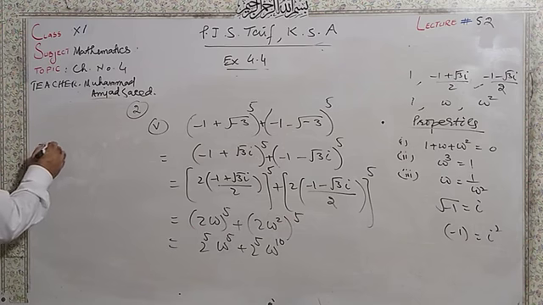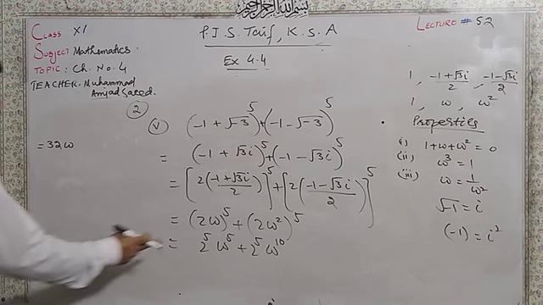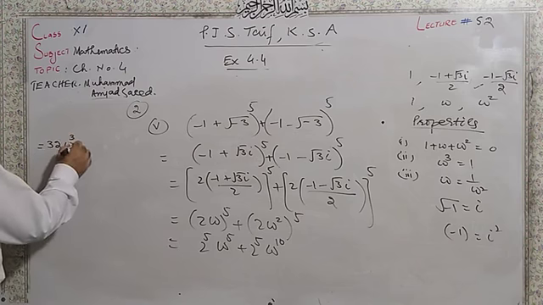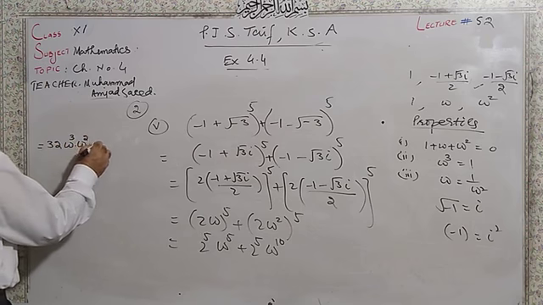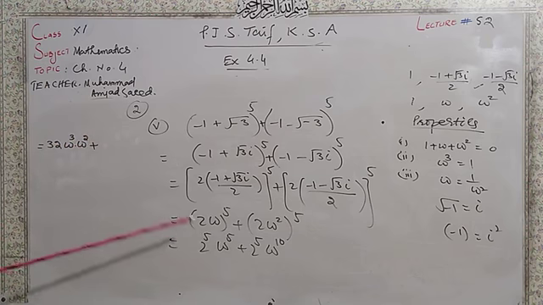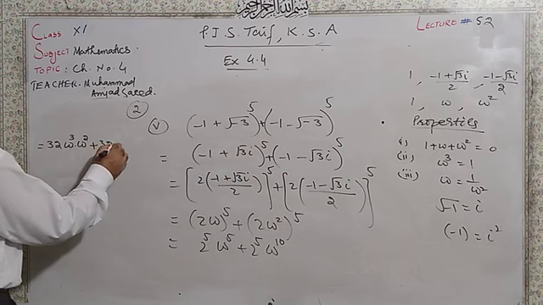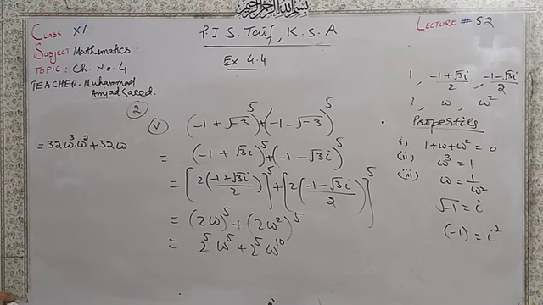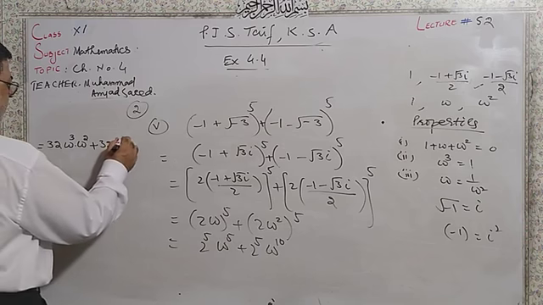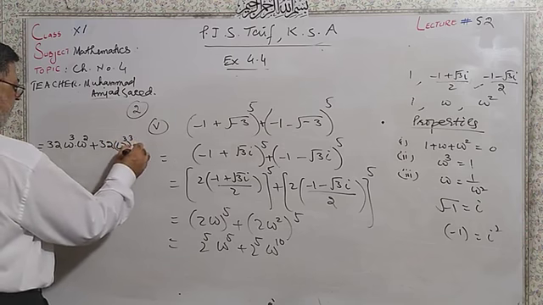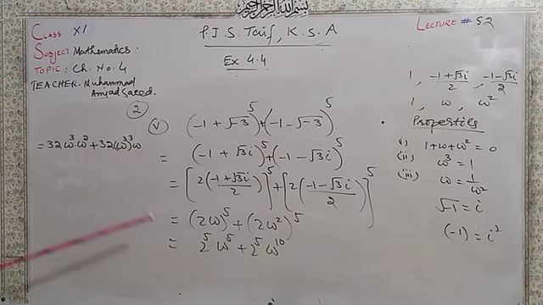Here 2 power 5 is 32, and omega 5 can be written as omega cube into omega square. Why am I drawing like this? Basically omega cube is equal to 1, I am using that. And 32 omega 10 can be written as omega cube power 3, omega 9, into omega, and this one is omega 10.